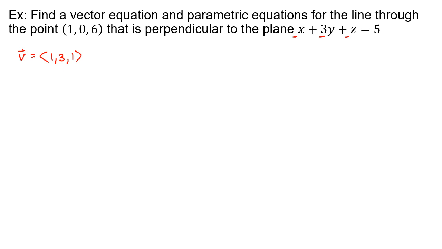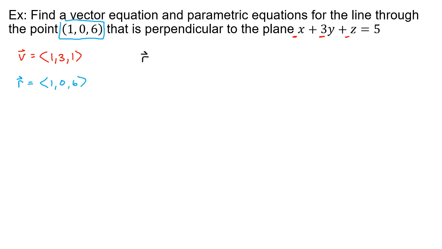So those three numbers from the plane are my vector v. Since it's perpendicular, we'll have a vector from those coefficients. And then I also need the r0. Just like on the last one, the r0 comes from the point, so my r0 will come from the 1, the 0, and the 6.